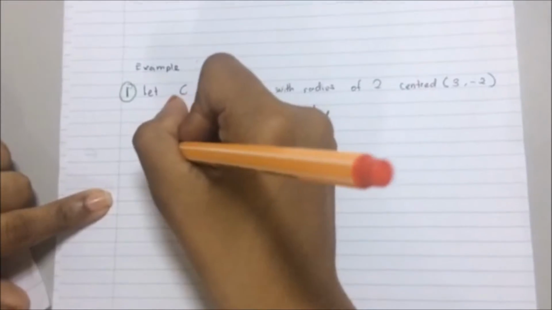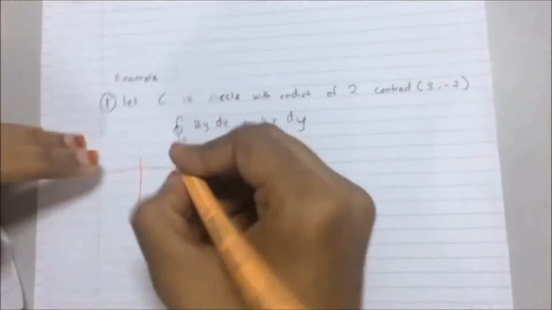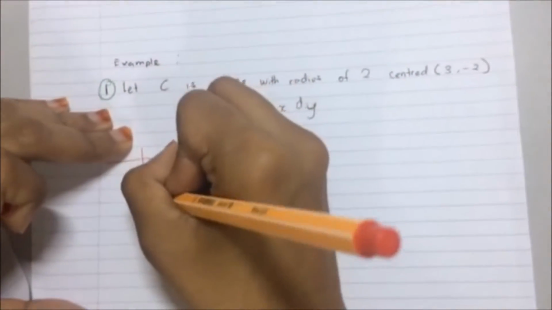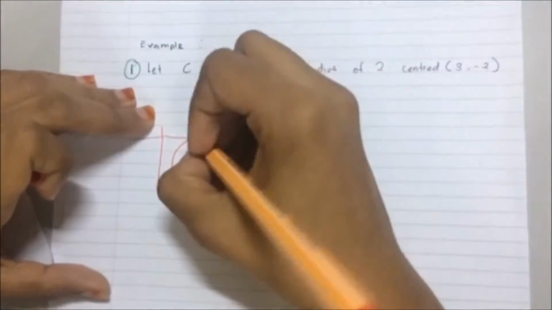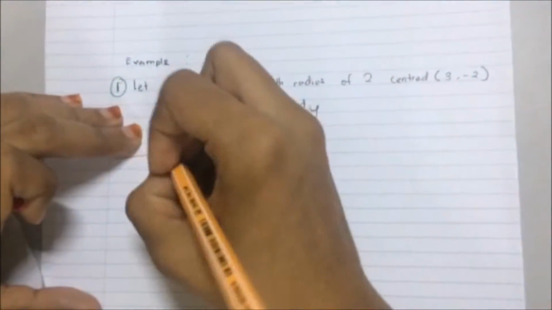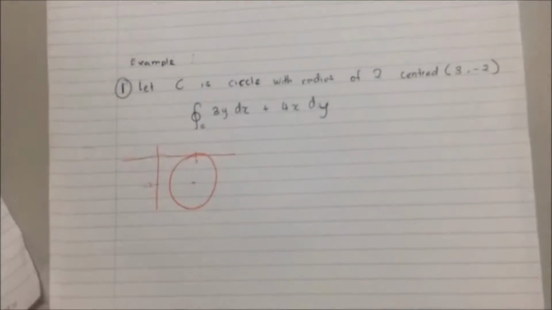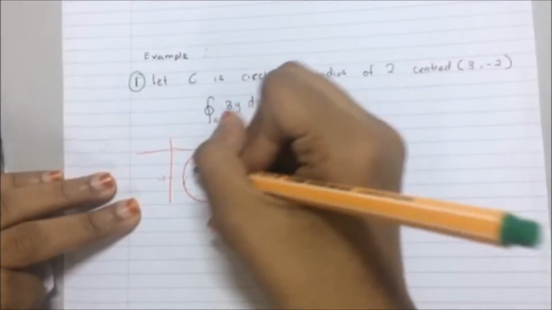Okay guys, please bear with my drawings. Okay, region (3, -2) center. Okay, so this is region R.